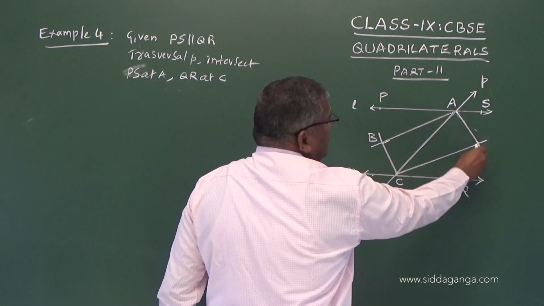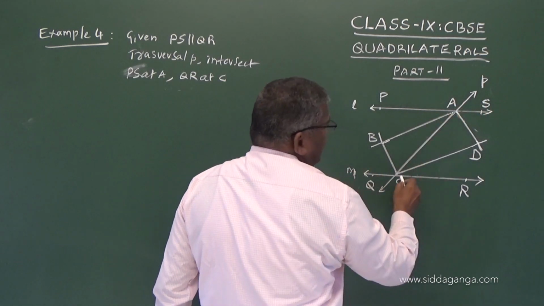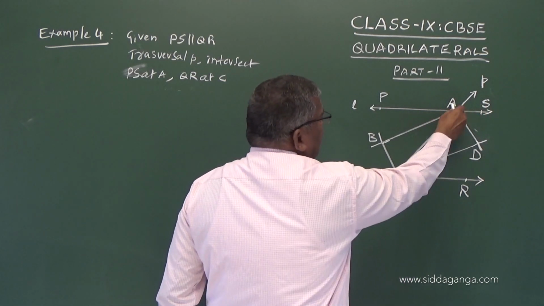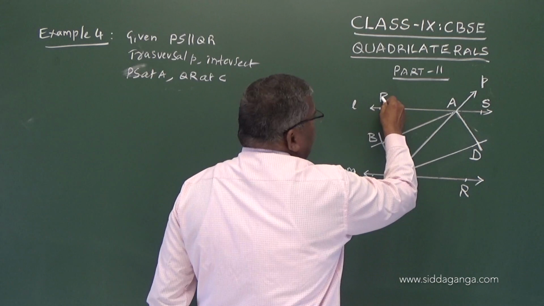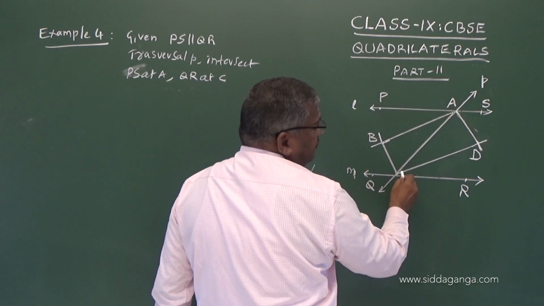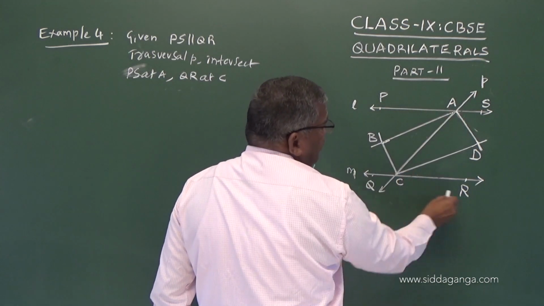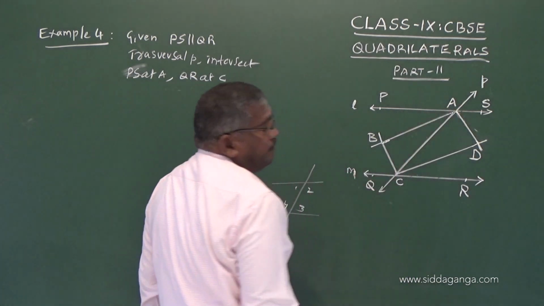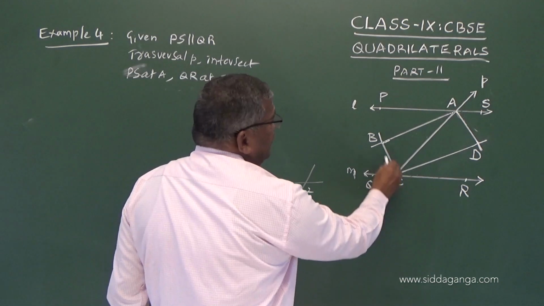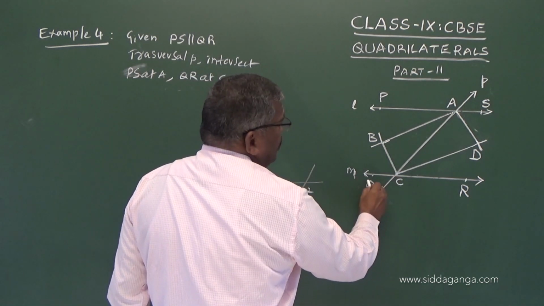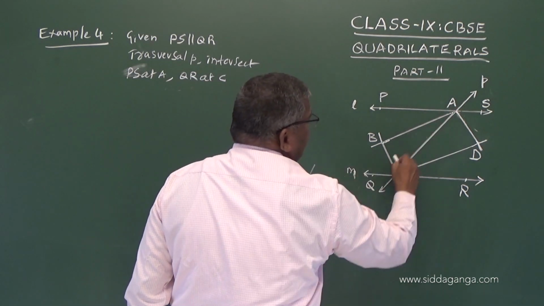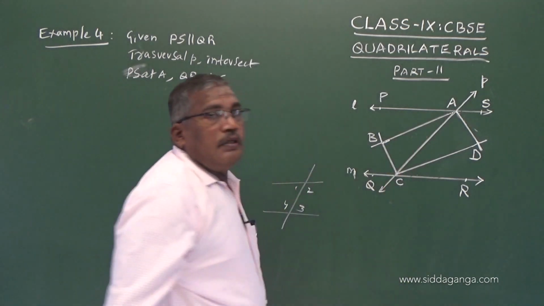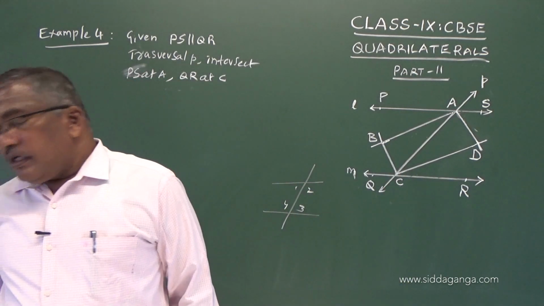So AD is the bisector of SAC and AB is the bisector of PAC. Similarly, CD is the bisector of RCA and BC is the bisector of QCA. So that is what is given.